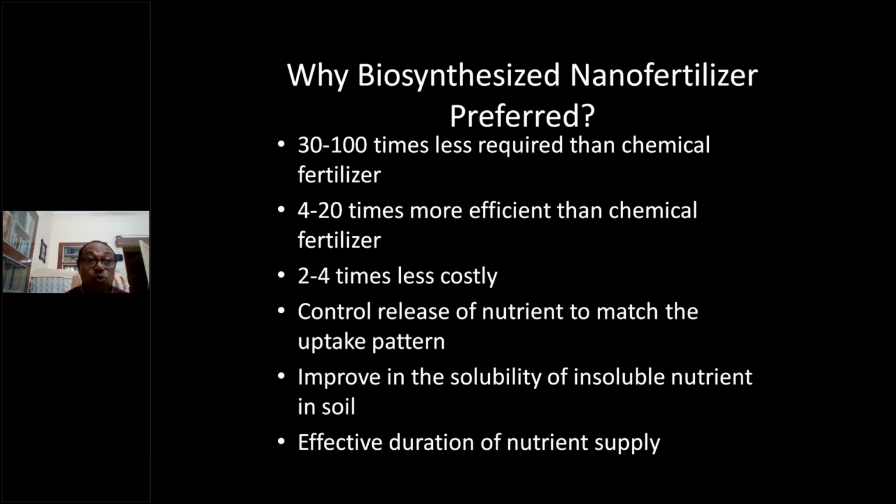Because 30 to 100 times less is required than chemical fertilizer, it is 4 to 20 times more efficient than chemical fertilizer, 2 to 4 times less costly, with controlled release of nutrients to match the uptake pattern, which is very important, improved stability of insoluble nutrients in soil, and enhanced effective duration of nutrient supply. Actually, we found that biosynthetic nanofertilizer can release the nutrient for up to 40 to 50 days, whereas normal fertilizer only for 4 to 10 days.